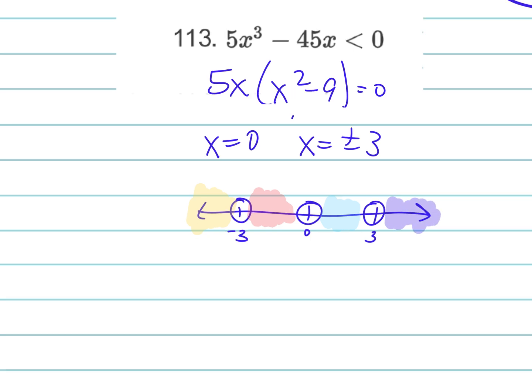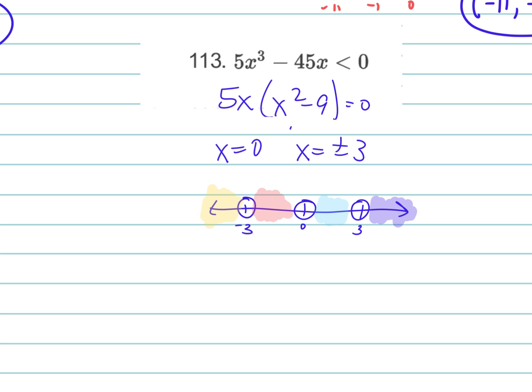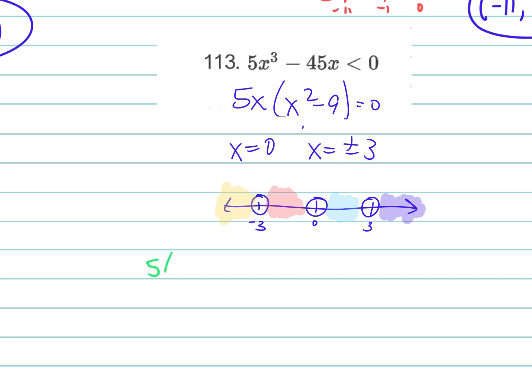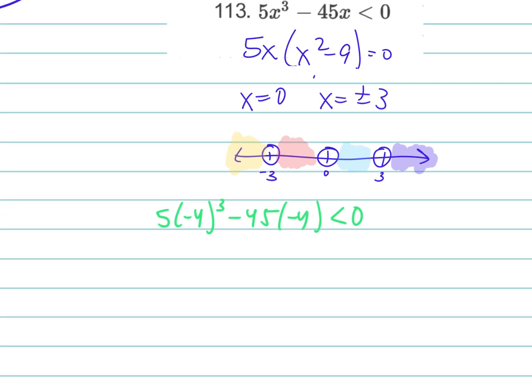So I'm going to plug negative 4 in my yellow region, we'll call it. So if I say 5 times negative 4 cubed minus 45 times negative 4, is that less than 0? So this is going to give me 5 times negative 64 plus 180, is that less than 0?